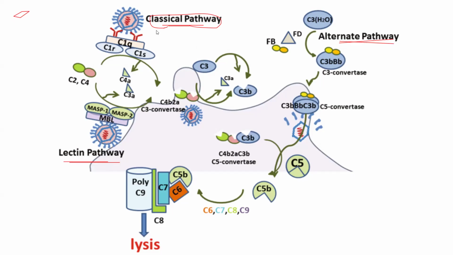The most important one is the antibody-mediated or classical pathway, in which the pathogen will enter, and there will already be some antibodies against this pathogen. These antibodies will recognize and bind the pathogen. Then there will be some changes in the Fc part, and C1q, C1r, and C1s will come and bind.